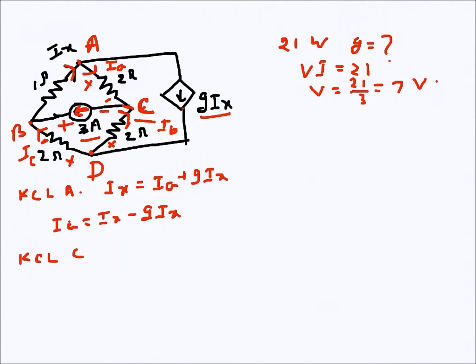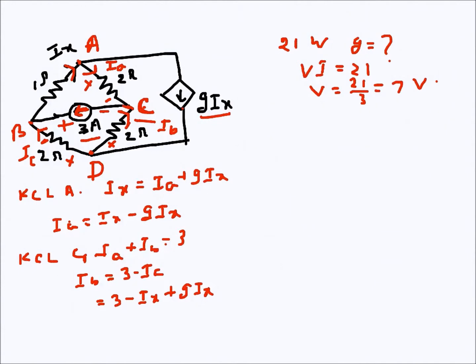Here IA is entering, IB is also entering, and 3 is the leaving current. So IB is becoming 3 minus IA, which is 3 minus Ix plus Gix. So that's IB in terms of Ix and Gix.